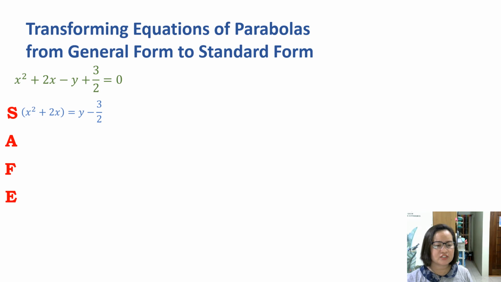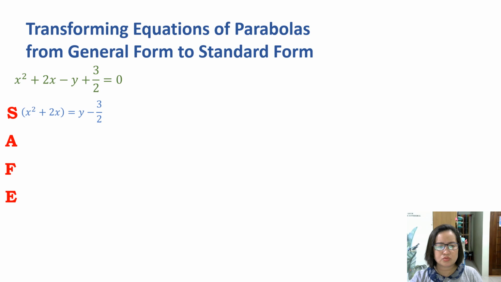So the quadratic term is x squared. So we group the terms having x's, and all the other terms will be written at the right. So we will have x squared plus 2x at the left side, while y minus 3 halves at the right side.